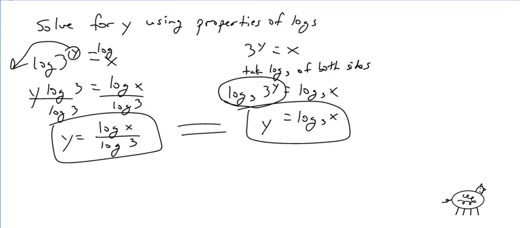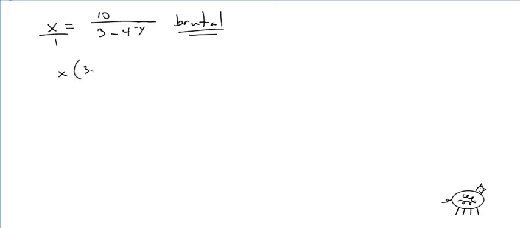Okay, let's try another example here. x equals 10 over 3 minus 4 to the negative y. Oh man, brutal, brutal. Okay, not really. So I guess solve for y again. I'm going to put it over 1 and cross multiply. And we get x times 3 minus 4 to the negative y equals 10.